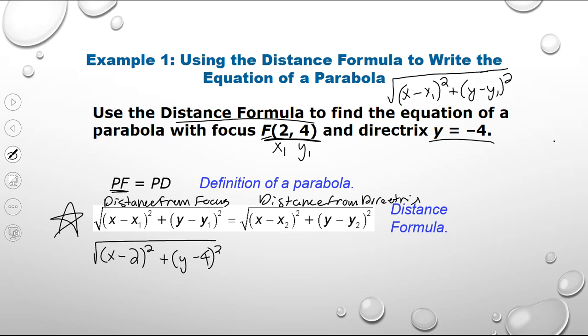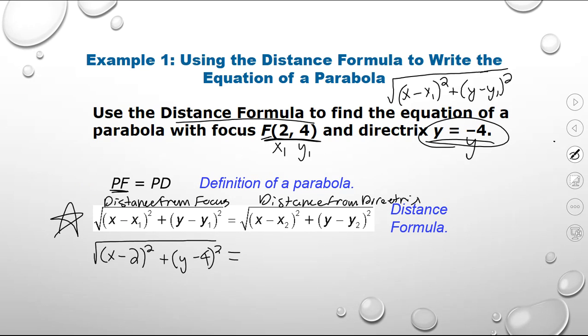Now on the other side, we're going to plug in our information for the directrix. We know the directrix is at y equals negative 4. So this is going to be basically our y2 value. Do we know what an x2 value is? No, we don't. Because the directrix is a line, and the x value is going to be pretty much every x value. Because if you look at the line, y equals negative 4, it would be something like this.